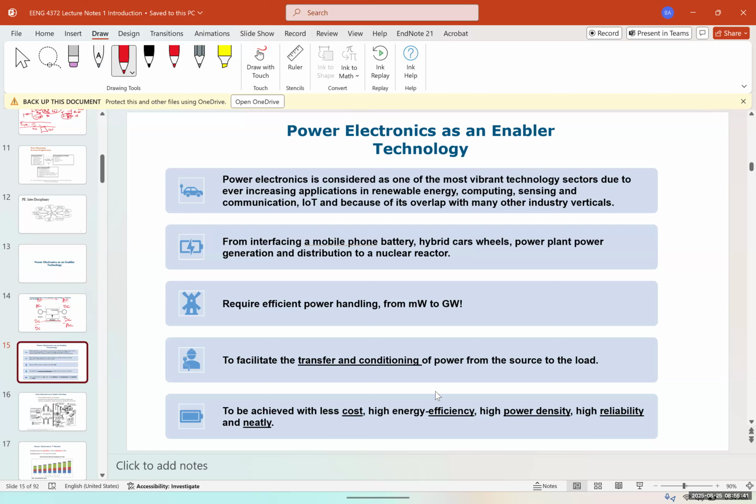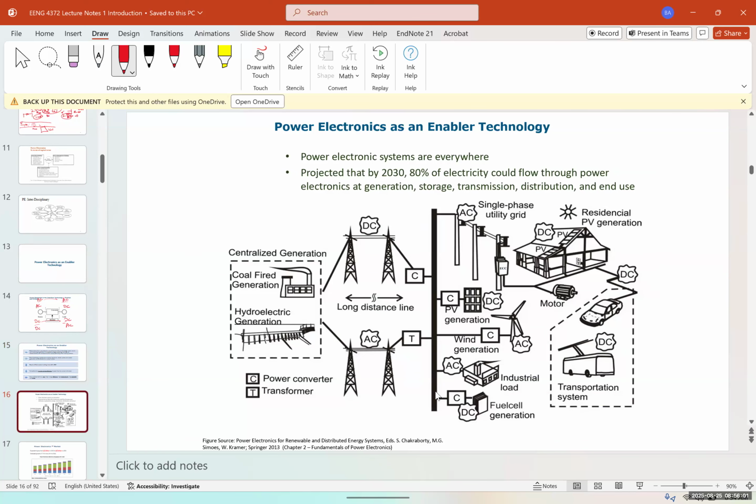They require efficient power handling from milliwatts to gigawatts to facilitate the transfer and conditioning of power from the source to the load, and to be achieved with less cost, high efficiency, high power density, high reliability, and easily. So this is an example of power electronics.